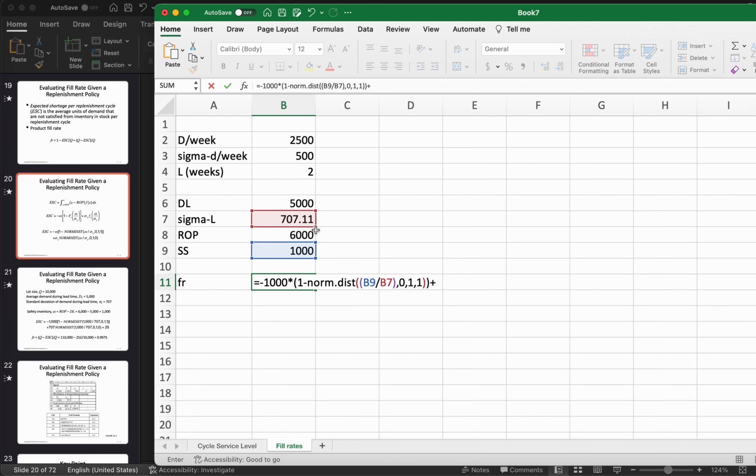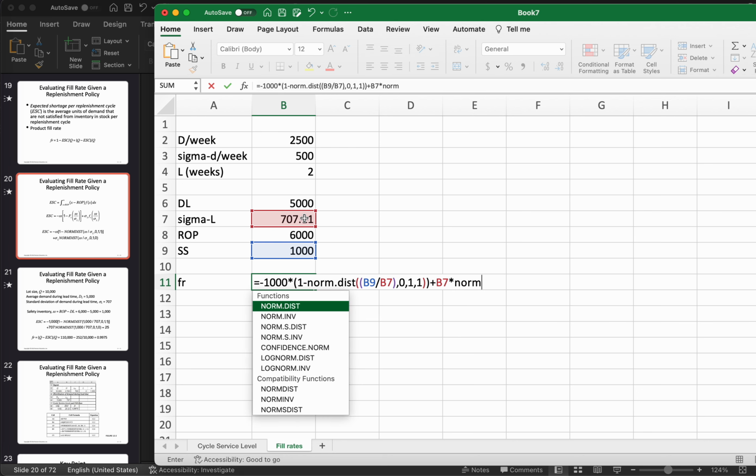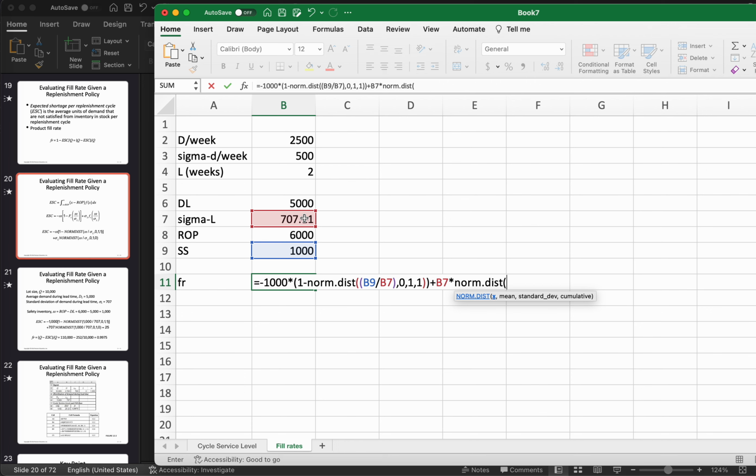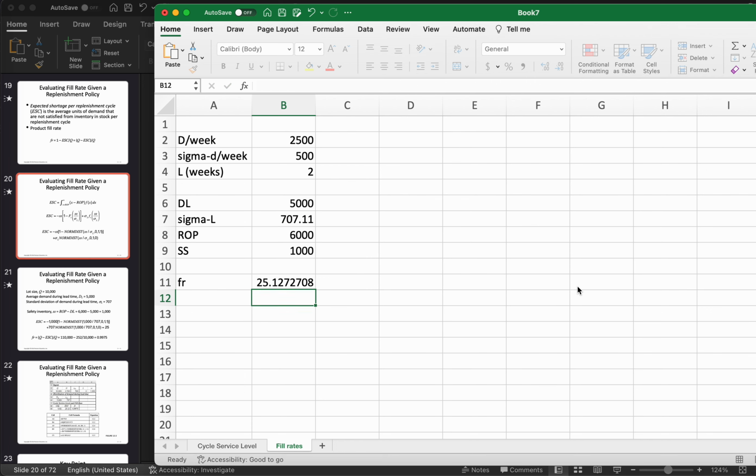The second part of the formula is sigma L times NORM.DIST of, again, this ratio of safety stock divided by sigma L. This time we have to use false because it's a probability mass function that we want. So again, instead of false, I'm just going to say 0. True or false, 1 or 0, it's the same thing. And so that's the value.